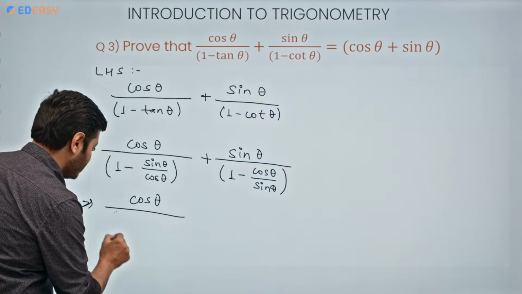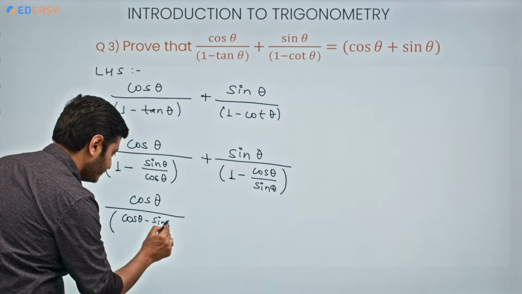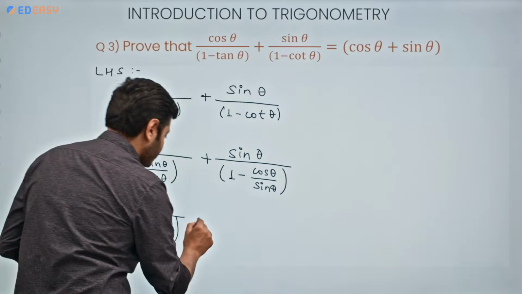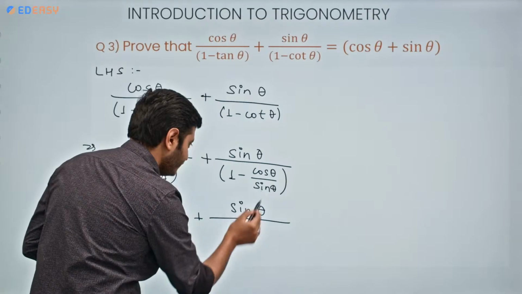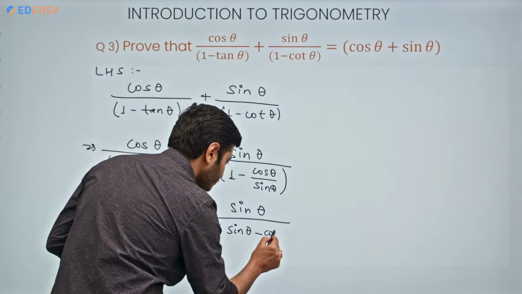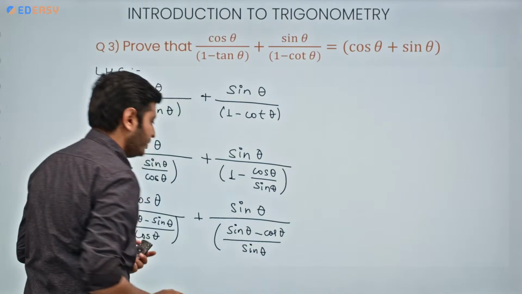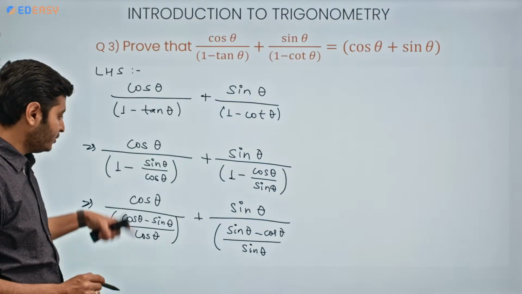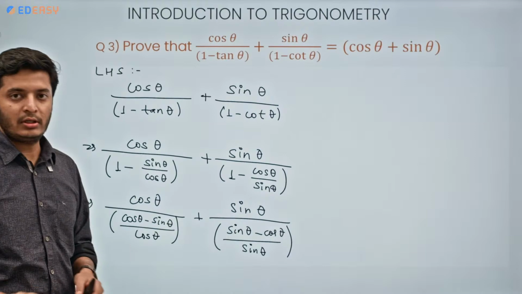So the denominator part will become cos theta minus sine theta by cos theta, plus sine theta by, this will become sine theta minus cos theta by sine theta, right? Now, this can be taken in the numerator part. Same here, we can take this into the numerator part.